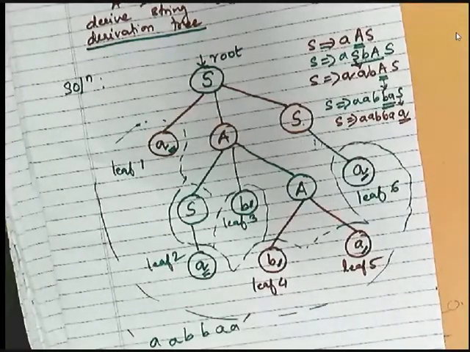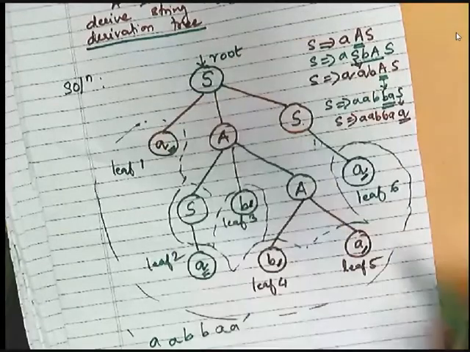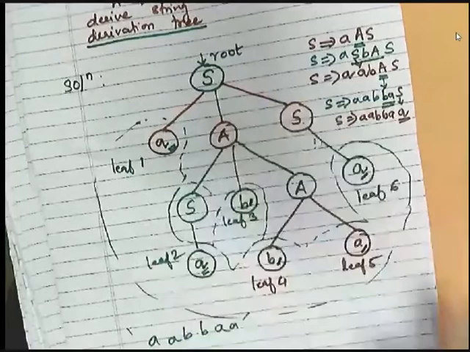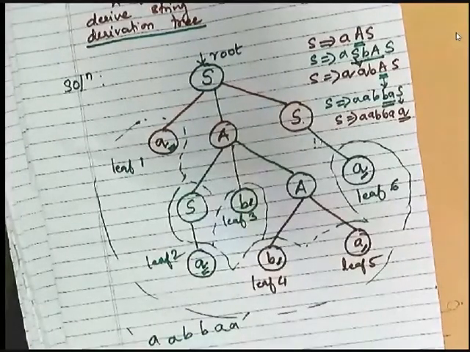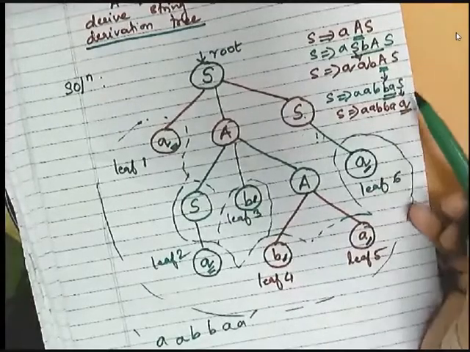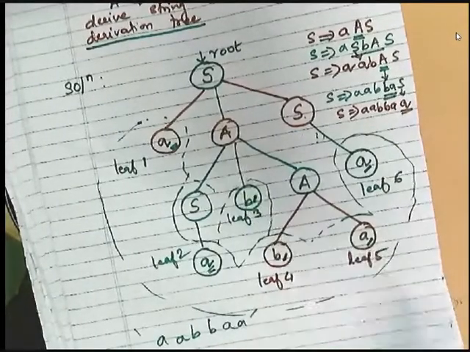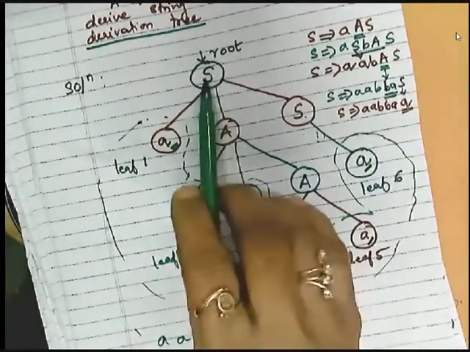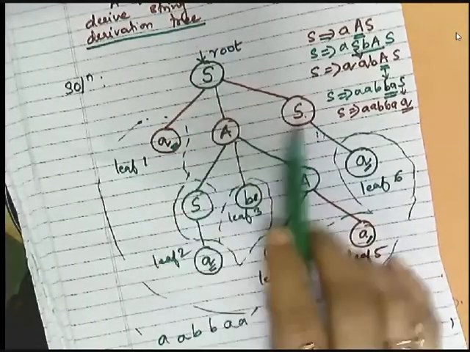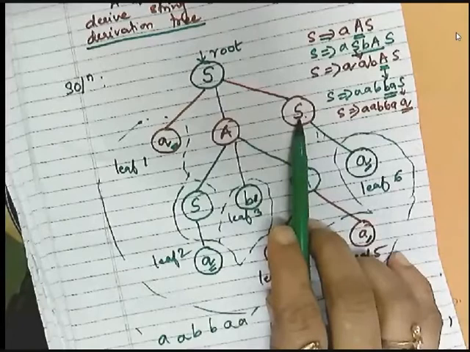Okay. So here in this particular tree, we have used the leftmost derivation to derive or to draw or represent this tree. But even if you use a rightmost derivation, you will get the same tree, because in that case we will be replacing the rightmost. So this was our rightmost, S will be replaced.